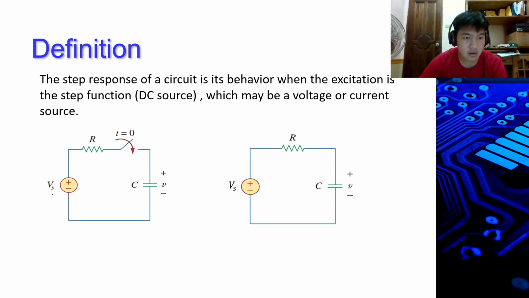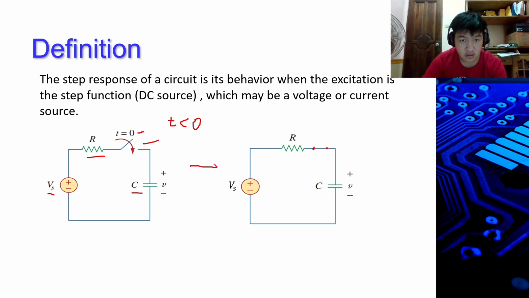So, in this circuit we have a DC source, a resistor, a switch, and a capacitor. At t less than 0, the switch is open, and at the point where t is equal to 0, the switch is closed, as shown in the figure.